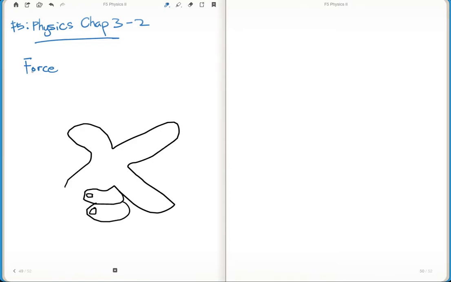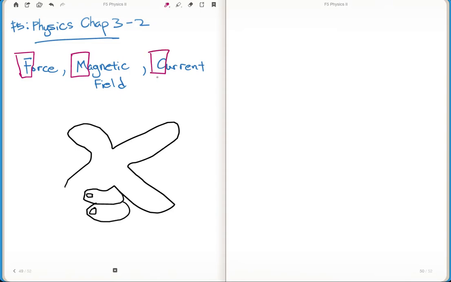So, it's actually three of them: the force, the magnetic field, and current, meaning the movement of electrons. This video is all about the relationship between the force, the magnetic field, and current.